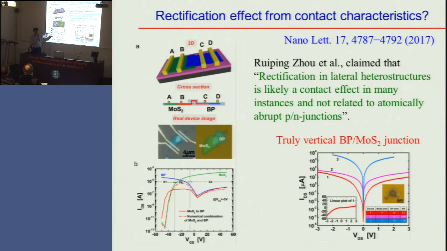Metal contact to two-dimensional material, so they make Schottky barriers. That is why you have rectifications so far. So this paper says the evidence for the reported rectification is not from the heterostructures but rather from the contact effect. They claim that. So I'd like to focus on that one.